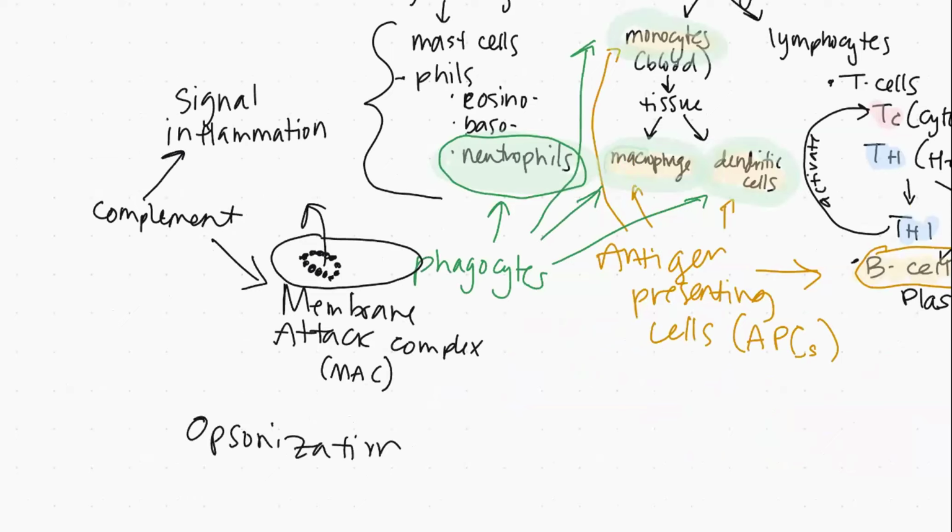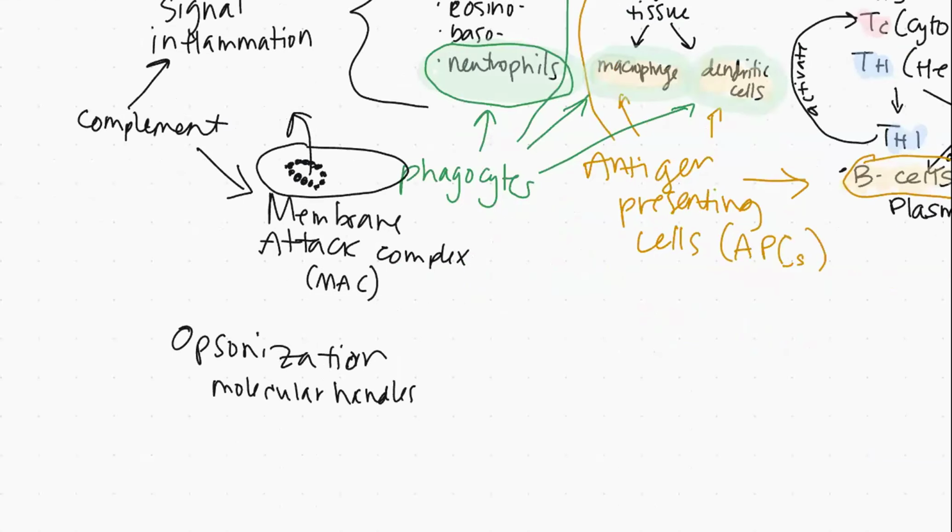Opsonization is molecular handles that help with phagocytosis. Now, this is part of our innate immunity, that complement pathway.